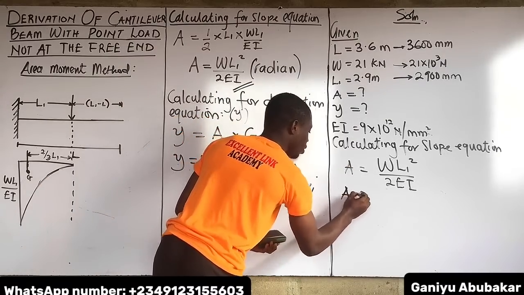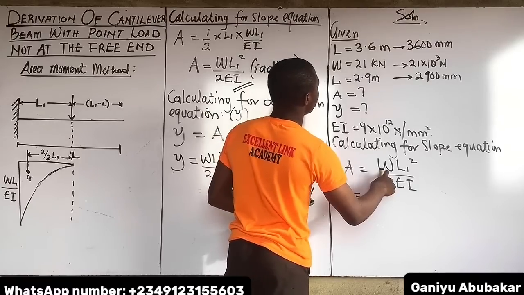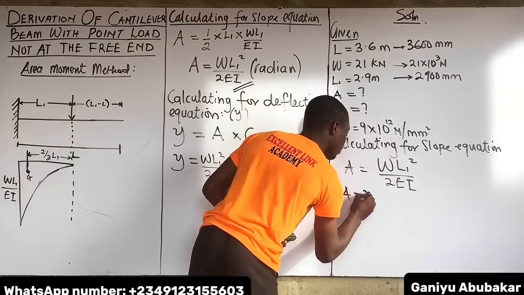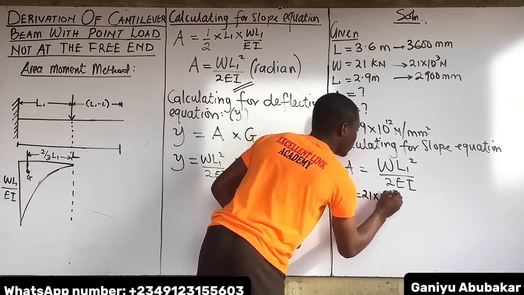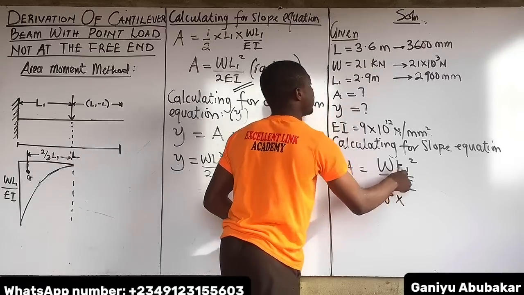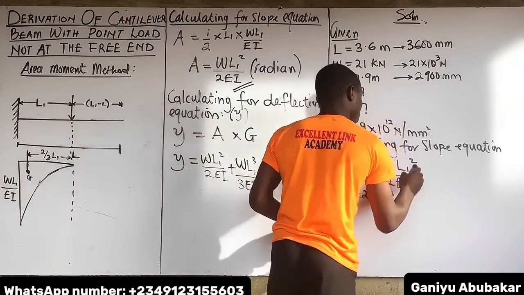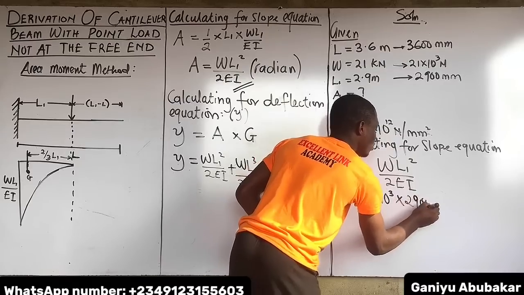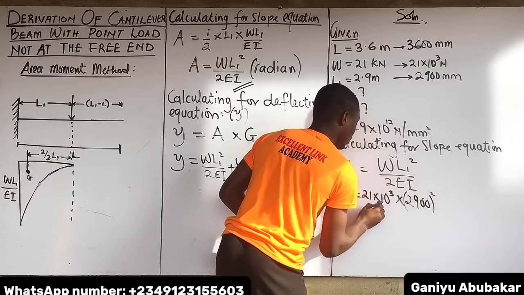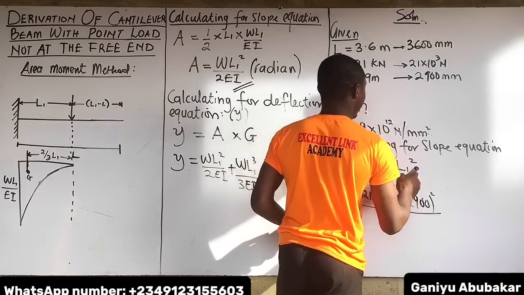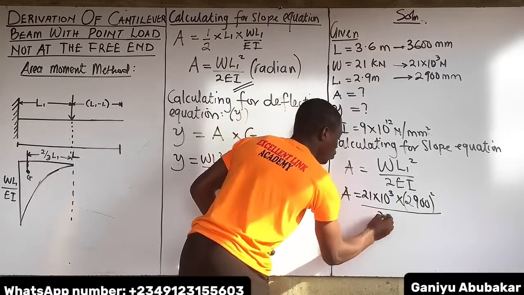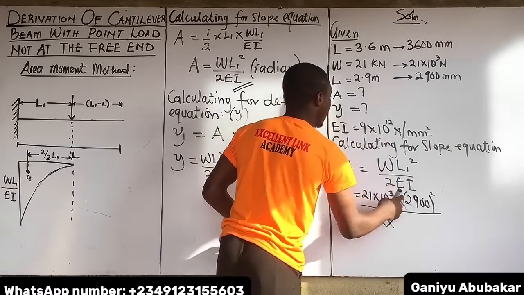So A is equal to, what's W? W there is 21 times 10 to the power 3 multiplied by L1, which is of course 2900 all squared, all over 2 times what's EI there?